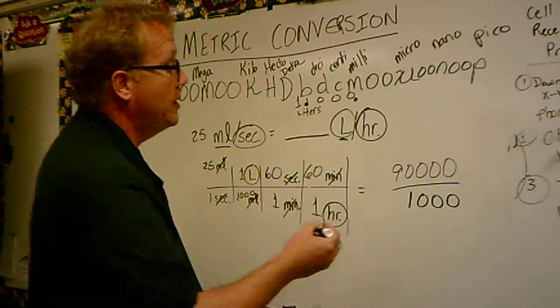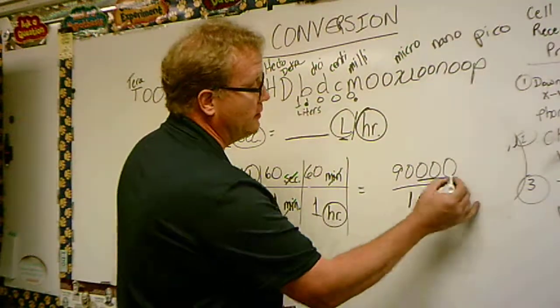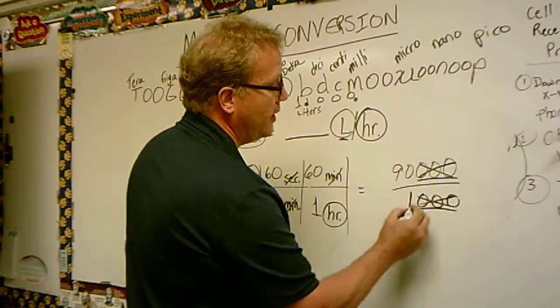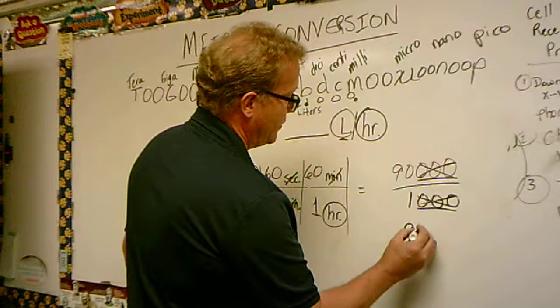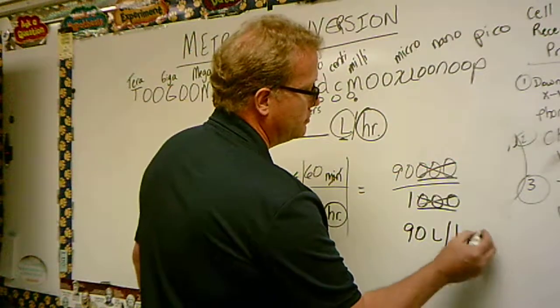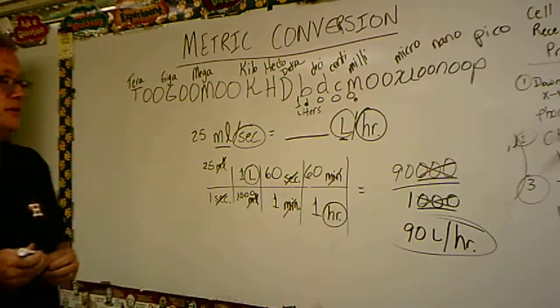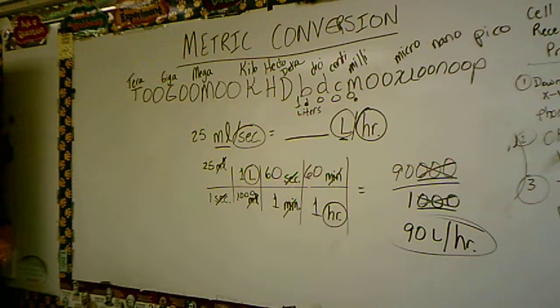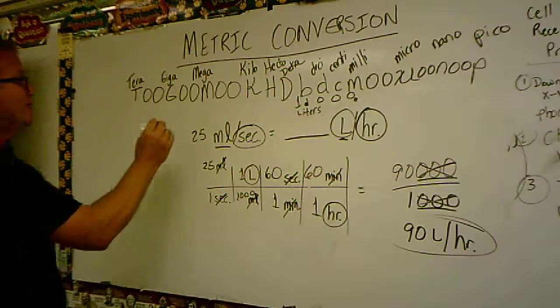Now if you're proficient at math, you're going to notice I got these here. Those cancel. So now I've got 90 liters per hour. Now what about my sig figs? Well, I got 2 here.